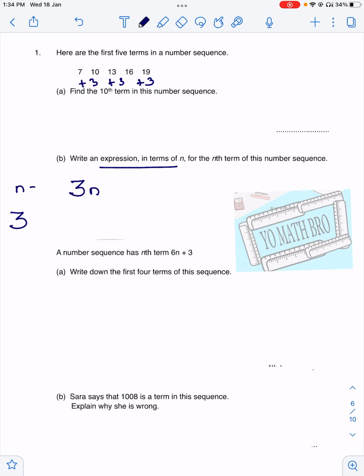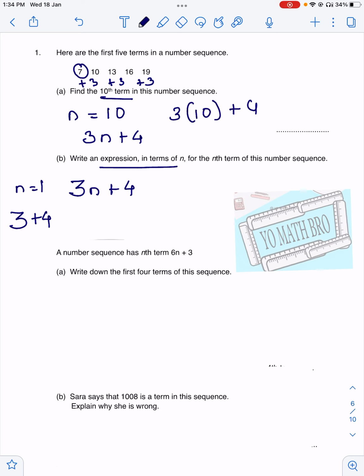Take n as 1, so 3 into 1 is 3. What should I do to 3 to get 7? I do plus 4. This is my expression. And now they are asking for the 10th term, so n is equal to 10. I substitute in 3n plus 4: 3 times 10 plus 4, 30 plus 4, that gives me 34.